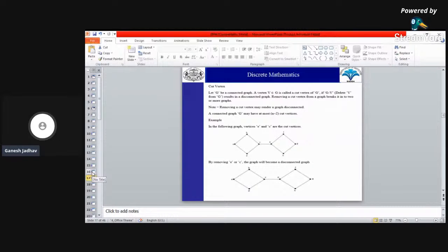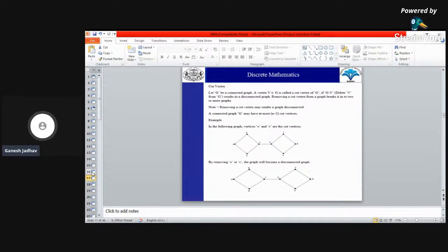Then the other one is the cut vertex. In a graph, a vertex V is called a cut vertex of G if deleting V from G results in a disconnected graph.